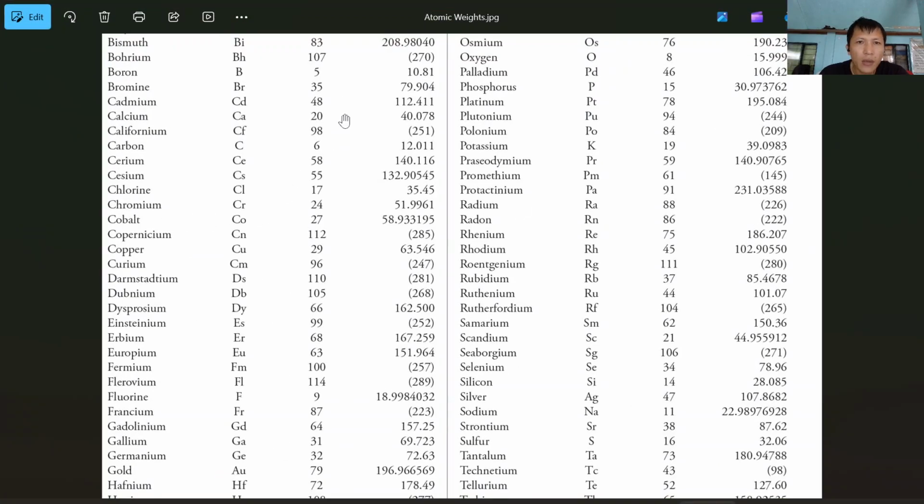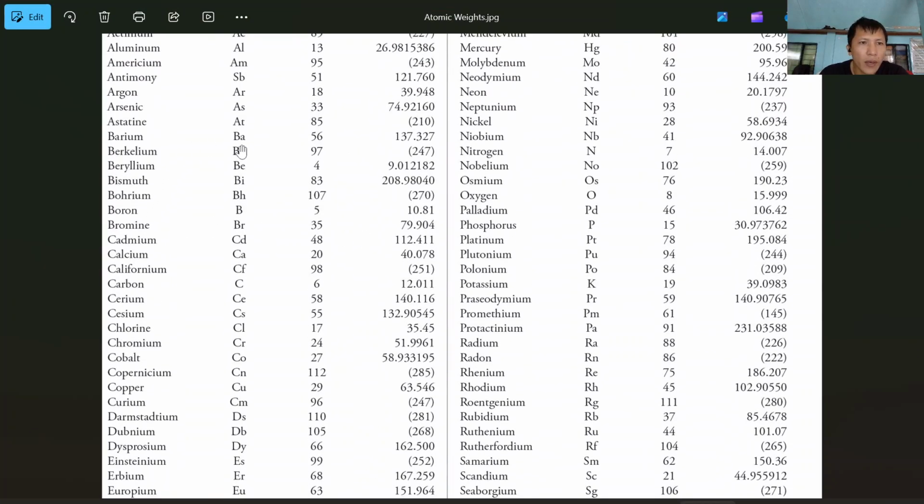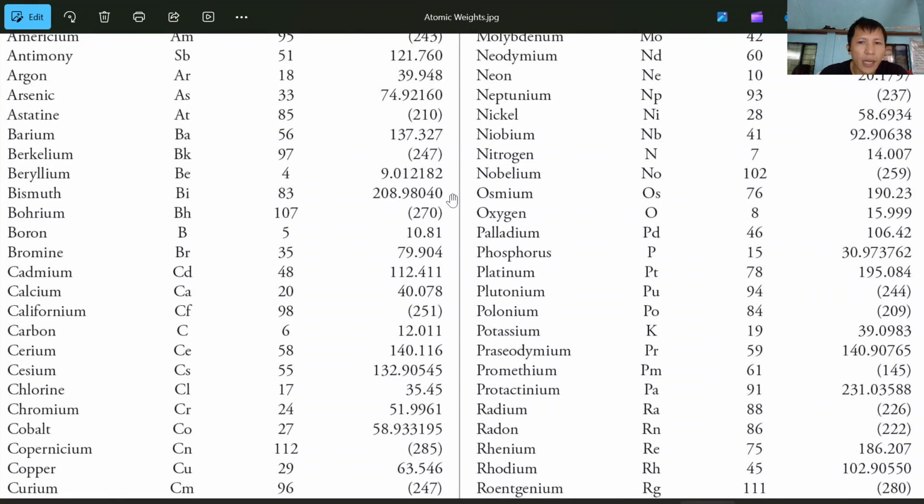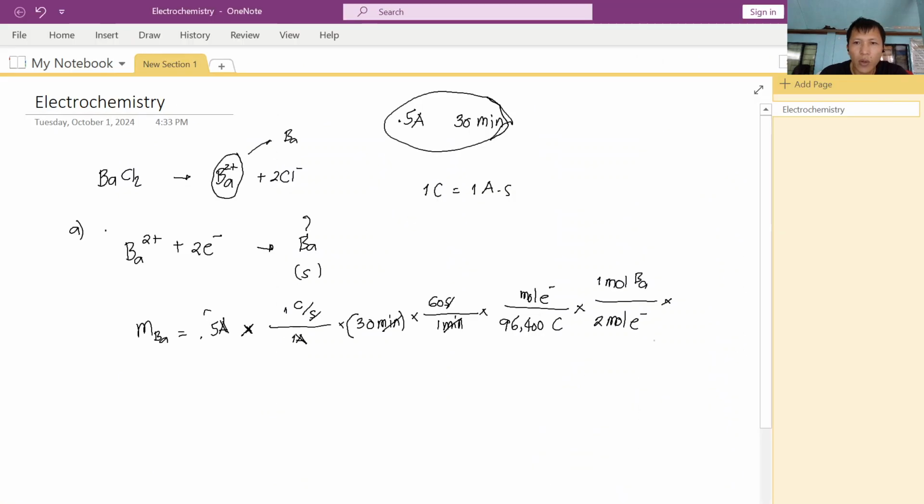For barium, you have 137.327 grams per mole, 137.327 grams of barium per mole of barium. So by that, we can cancel the mole of barium and the mole of electrons.